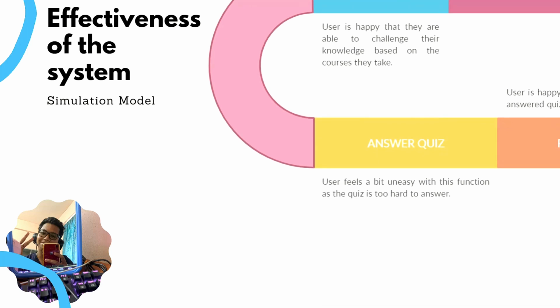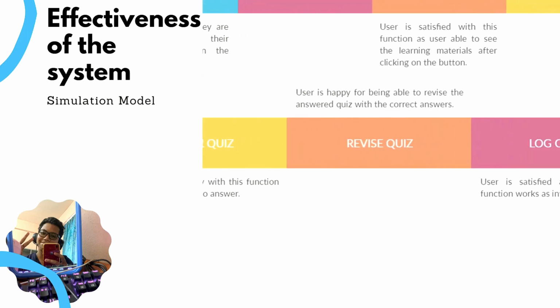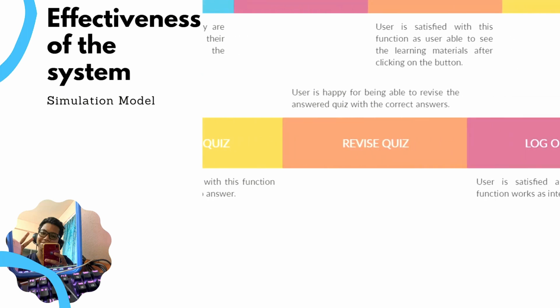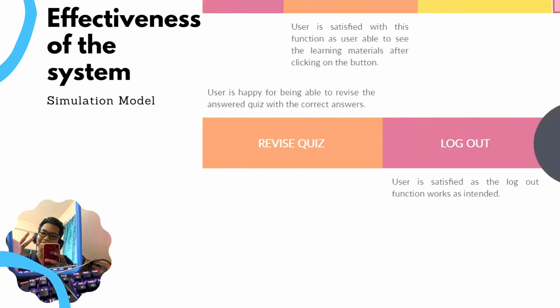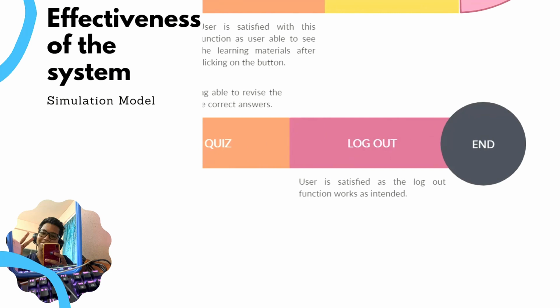And next one is answering the quiz, where this one is a bit of a downfall, where the user feels a bit uneasy since there are questions that are a bit too hard to answer. And then we have the function of revise quiz, where the user is happy since they can actually revise the answered quiz before with the correct answers. And lastly is the logout function, where the user is satisfied with this function since the logout function works as intended.